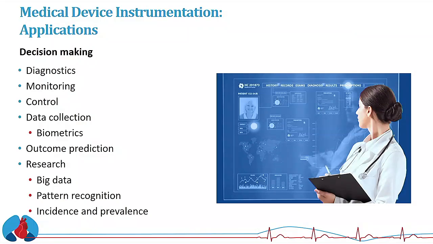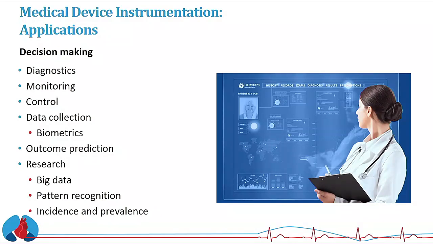This is used for both research and epidemiology purposes. People are interested in outcome prediction. If the guy's got high blood pressure and we put him on this medication and his blood pressure doesn't change, is he going to die? This is a huge thing in medical decision making at the moment. And of course research. So we want big data.